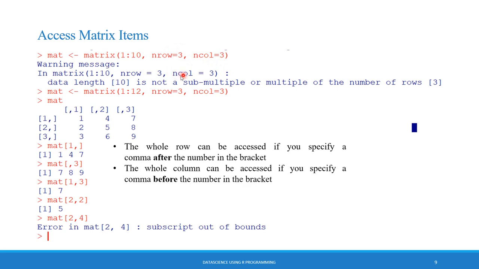So the expected number of elements in the matrix is 3 cross 3, which is 9. But the actual length of the data is 10. This 10 is not a multiple or submultiple of 3, so in this case, you will not be able to create a matrix. You will get an error message: data length 10 is not a submultiple or multiple of the number of rows.